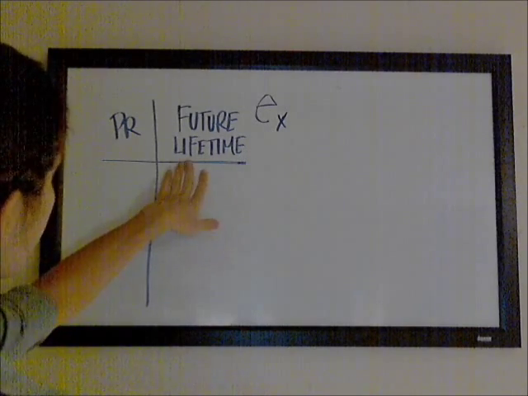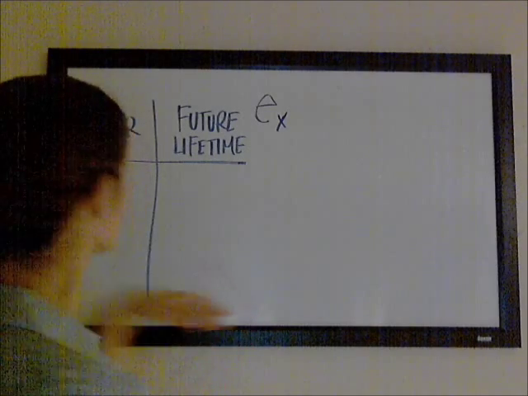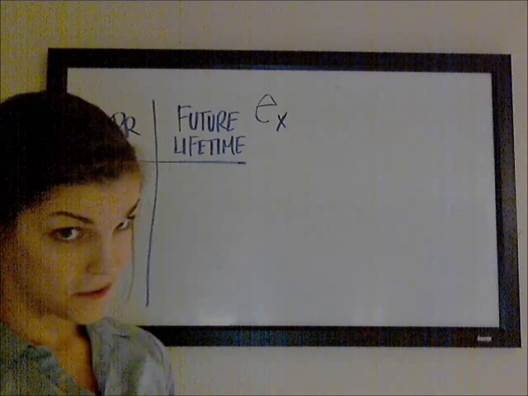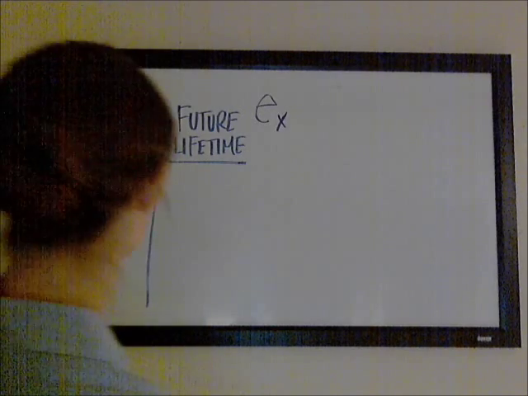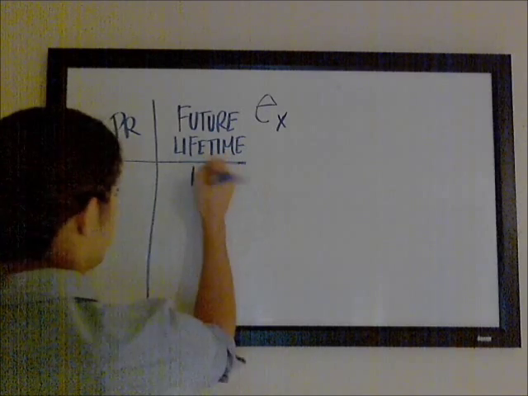I'm just going to look at all the different values that the future lifetime could take on and their corresponding probabilities, and we'll take the expected value, and that is the expected remaining lifetime. So you could live one more year.